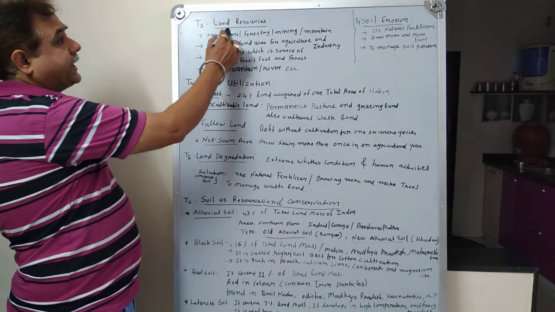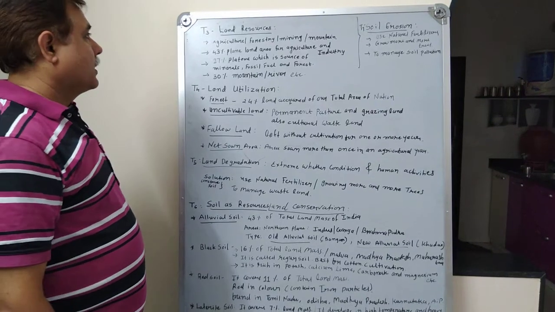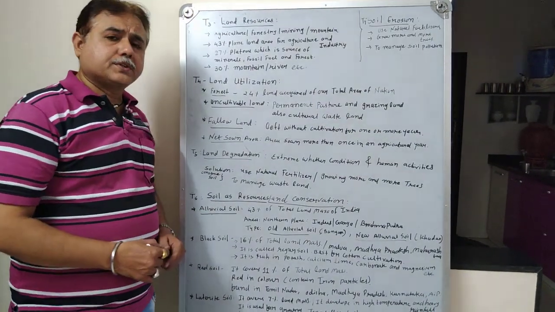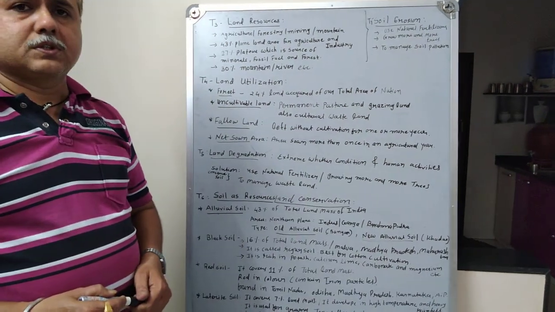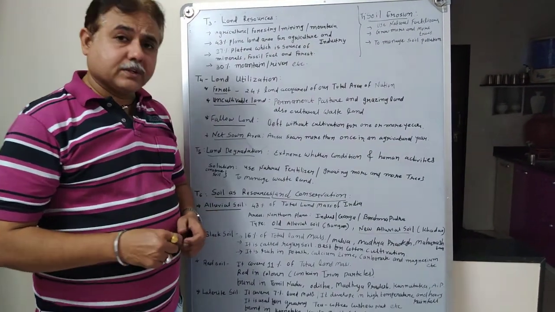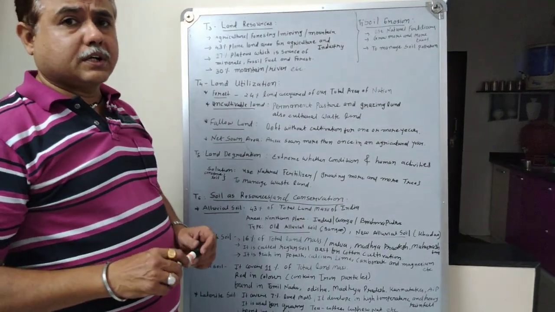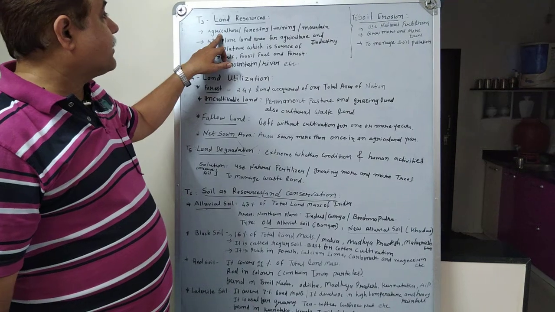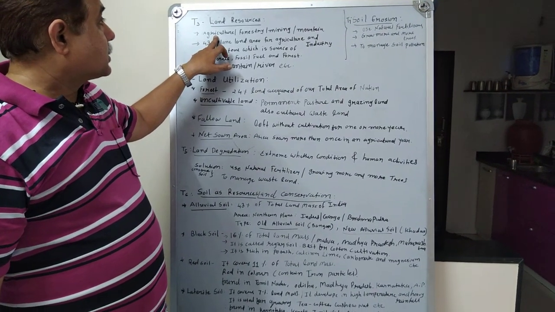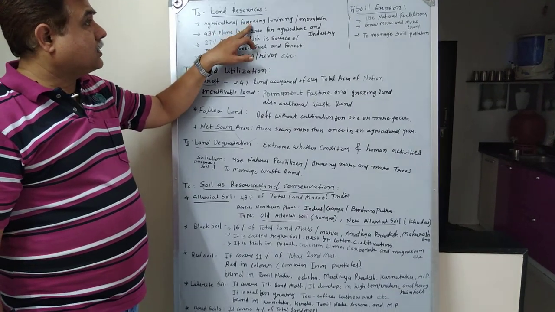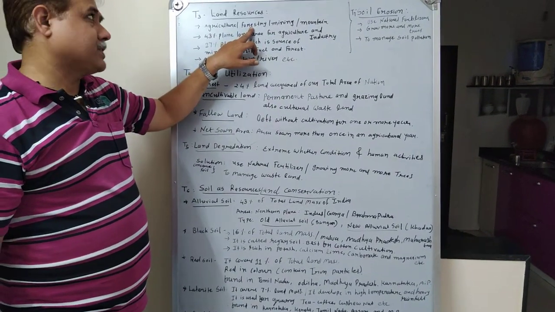Now, land resources. Student, land resources are the most important resources because we use them in many ways. Just like a farmer cultivates agricultural crops on land, we also use it for forestry.